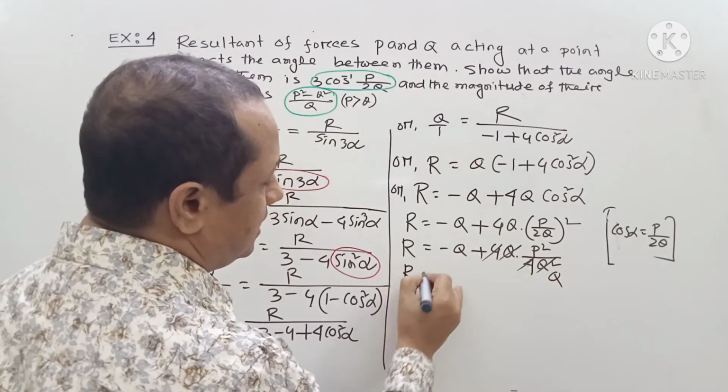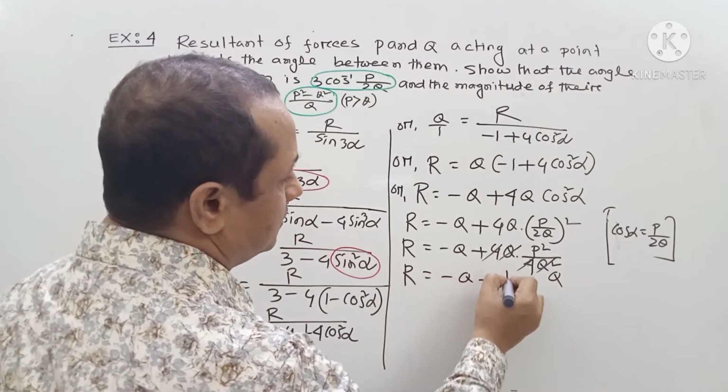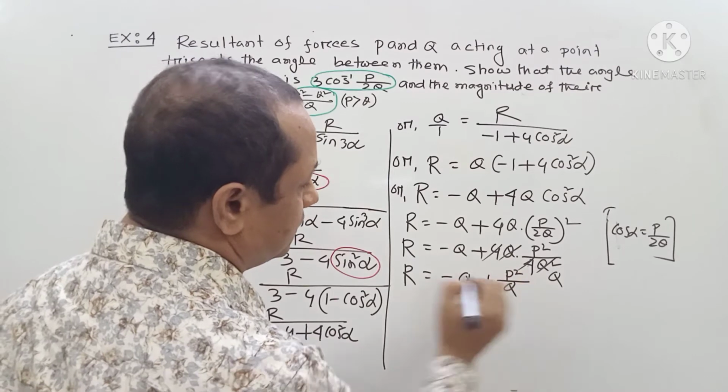Now we get R equals minus Q plus P square by Q.